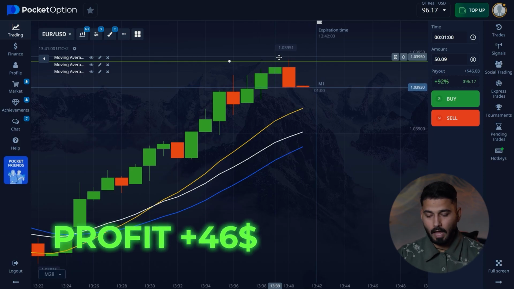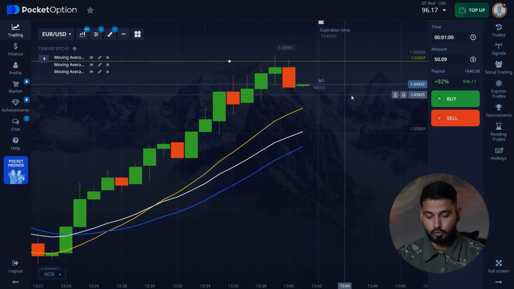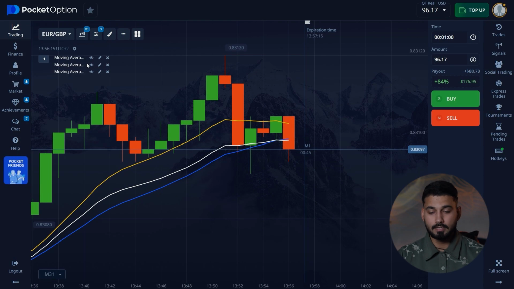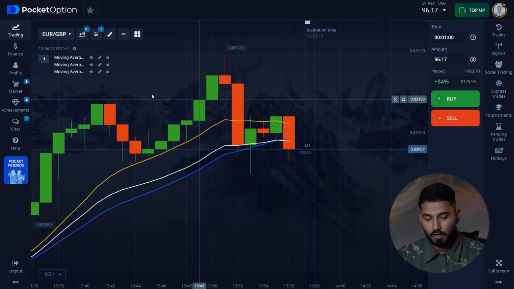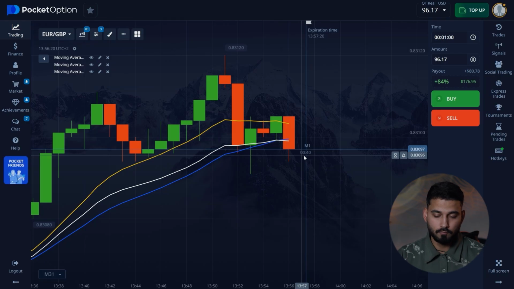What a great start. I immediately received $46 in my account. I will try to grow this amount further in my next trade and will show you how to find entry points. Guys, right now we are in excellent condition for a trade. First, there is a red circle which indicates an accumulation of selling volume.